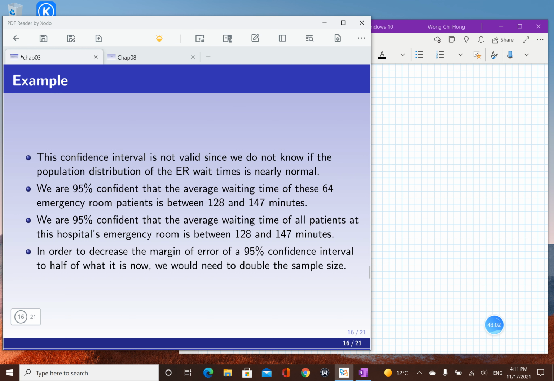We're not just 95% confident, we're 100% confident that x bar is right there in this interval.